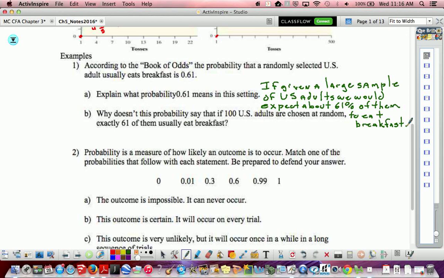Alright. So in B it says, why doesn't this probability say that if 100 U.S. adults are chosen at random, exactly 61 of them usually eat breakfast?